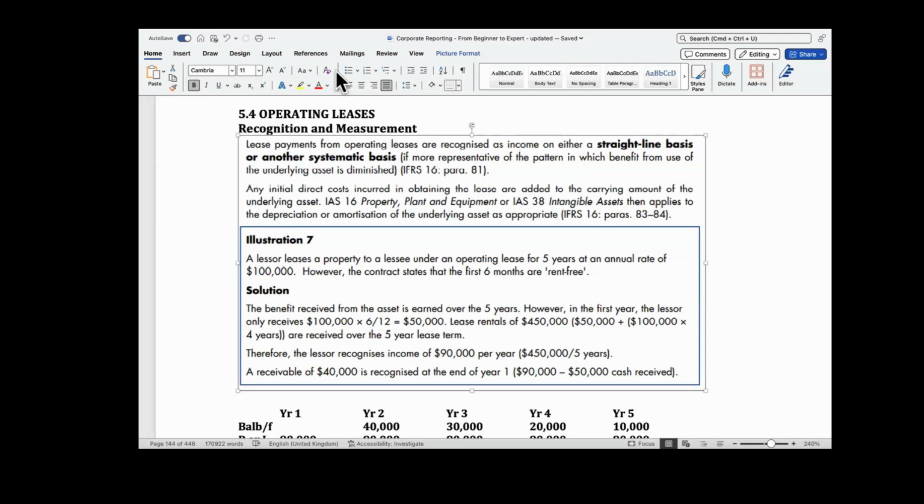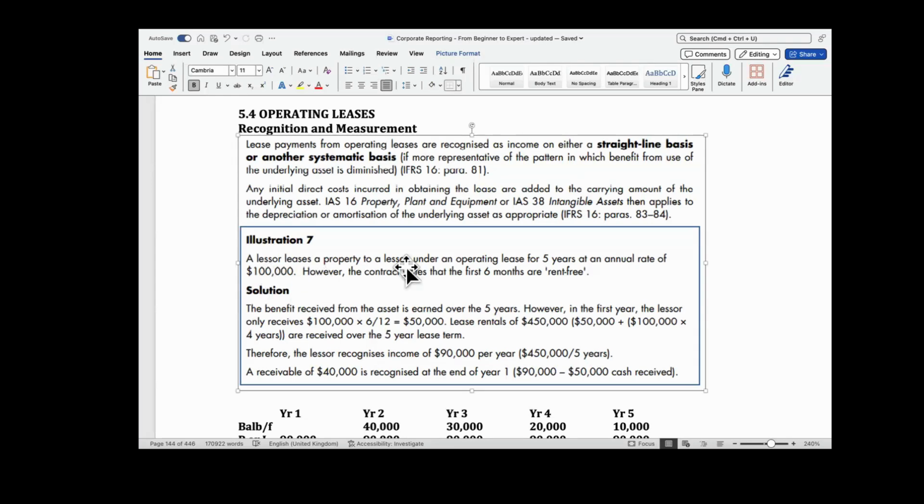So, ordinarily, if not for this last sentence that says that the first 6 months are rent-free, it should just be a scenario where we recognize 100,000 to P&L every year. And that would have achieved recognizing rental income to P&L equally on a straight line basis.